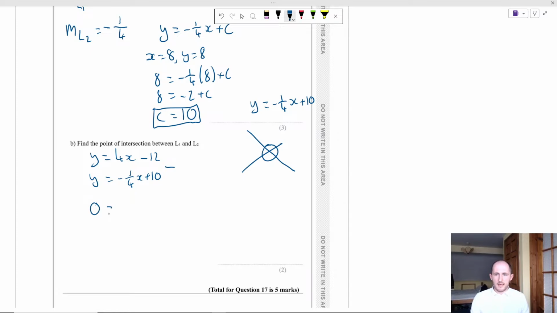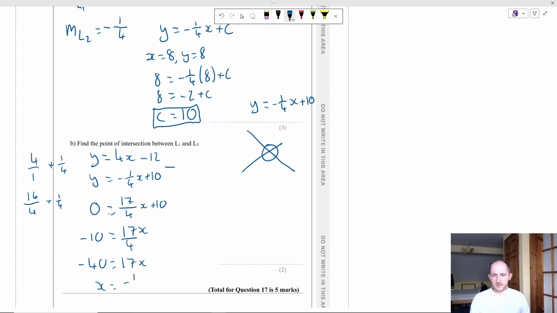So that gives you 0 equals 4 add a quarter, so 16 over 4 add a quarter, which is 17 over 4 x, minus 10. Add 10 to both sides, we get 10 is equal to 17x over 4. Times both sides by 4, we get 40 equals 17x. And therefore x is equal to 40 over 17.